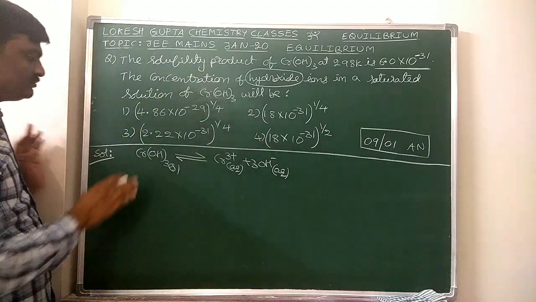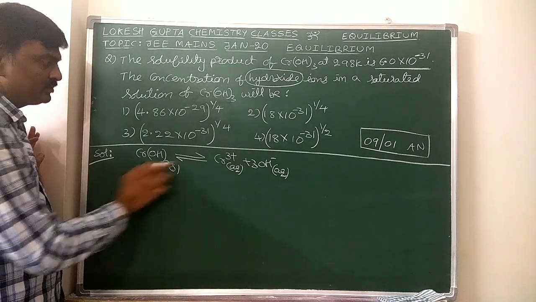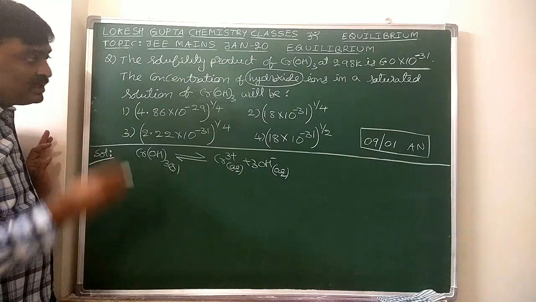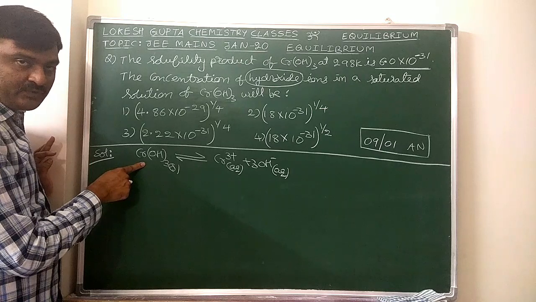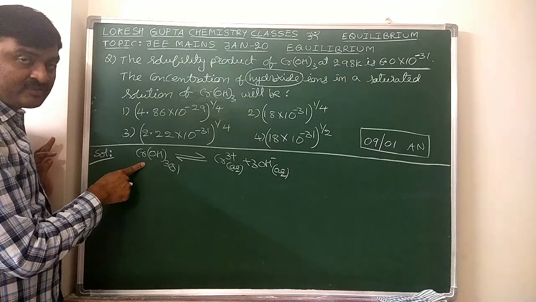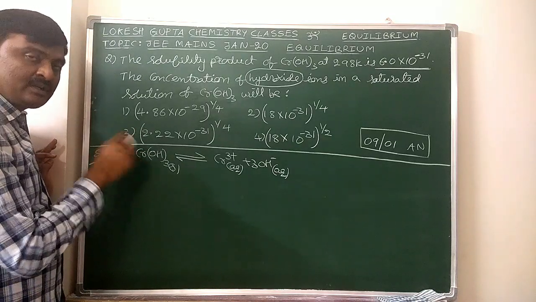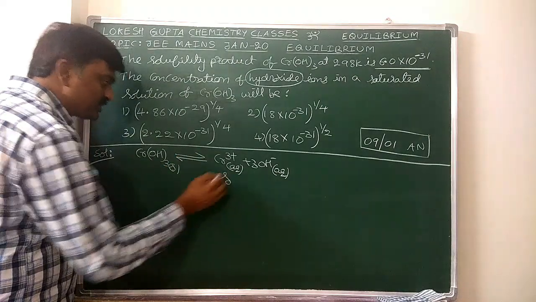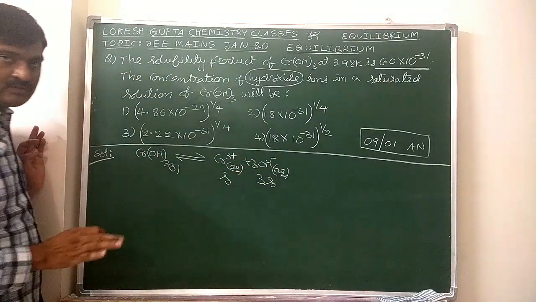Now we have to calculate the concentration of OH- ions in the saturated solution of this one. Chromium hydroxide ionizes to give chromium 3+ and 3 OH- ions. Let us consider that in water, the molar solubility of chromium hydroxide is S moles per liter. So in 1 liter, S moles of this will dissolve. All the dissolved S moles will be ionized. Then S moles of Cr3+ and 3S moles of OH- will be formed.